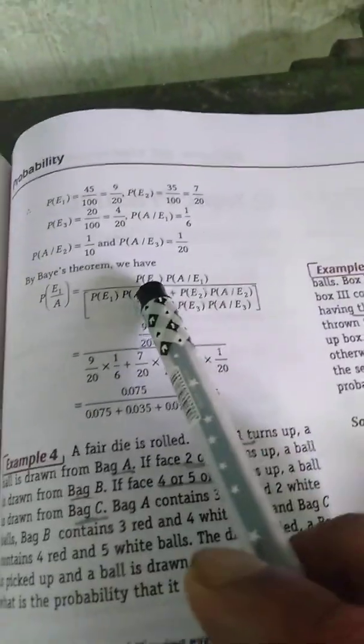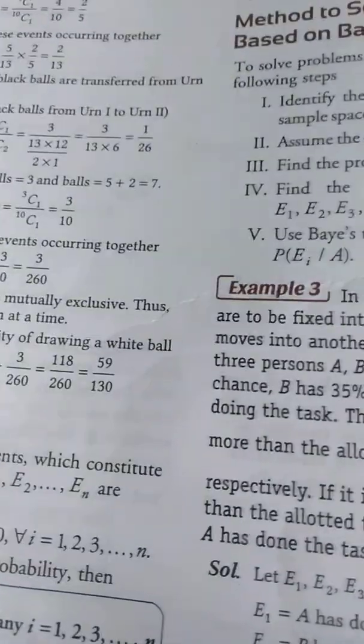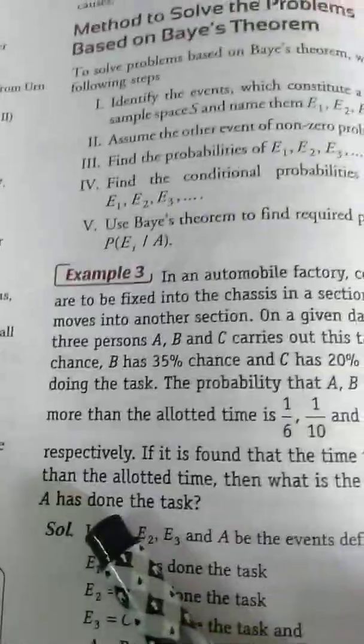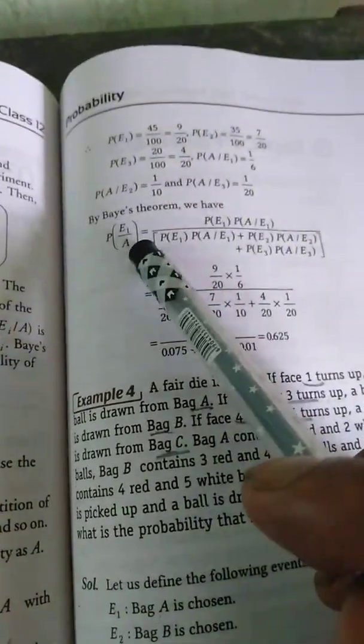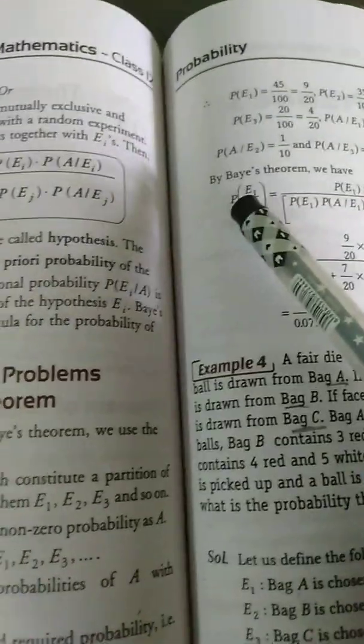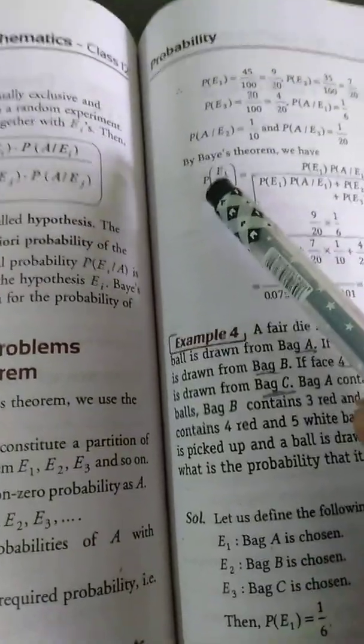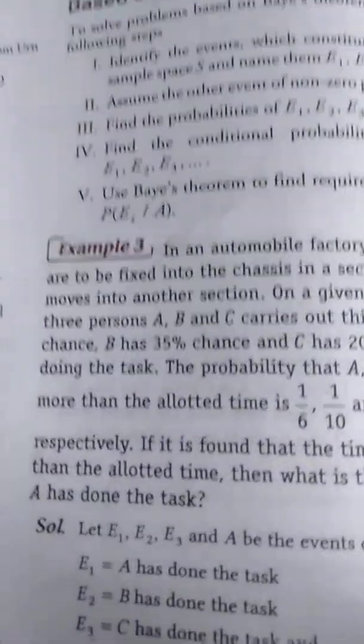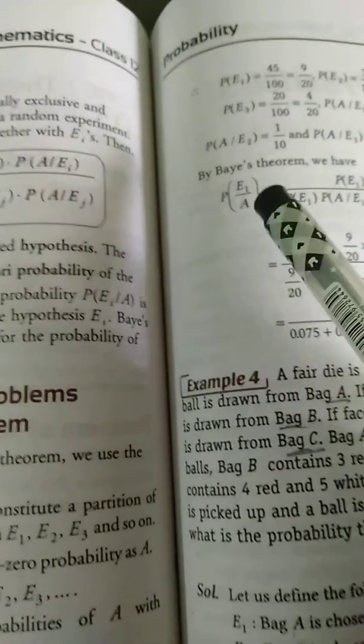As the question says that A has done the task, we are taking P(E1/A). If it had been told that B has done the task, then we would have to take P(E2/A). But here the question says that A has done the task, so that is why we are taking E1. So P(E1/A) is what? P(E1) times P(A/E1) over the total.